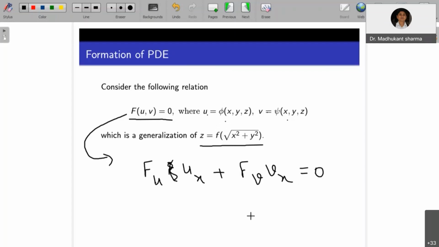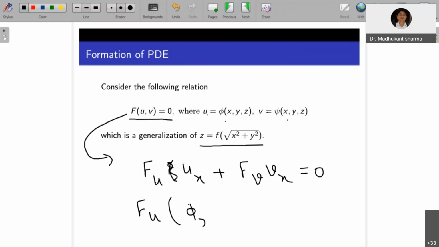Now ux is the partial derivative, because u is a function of x, y, and z.